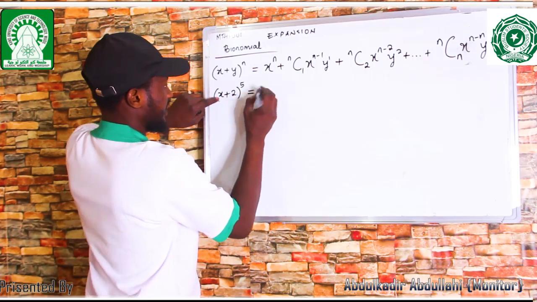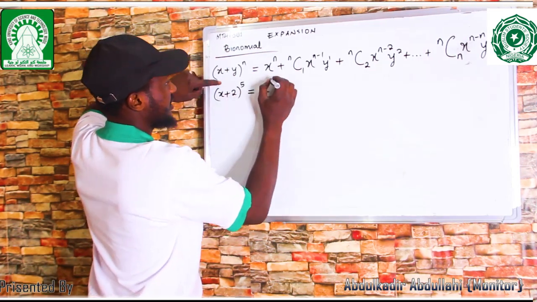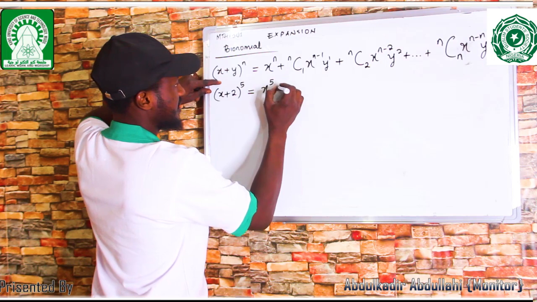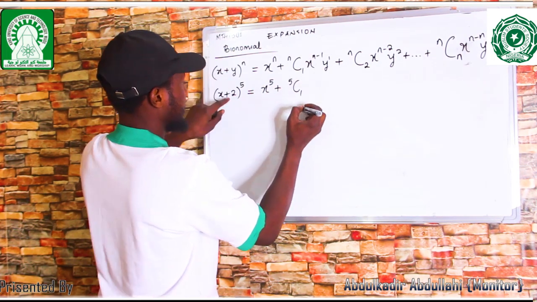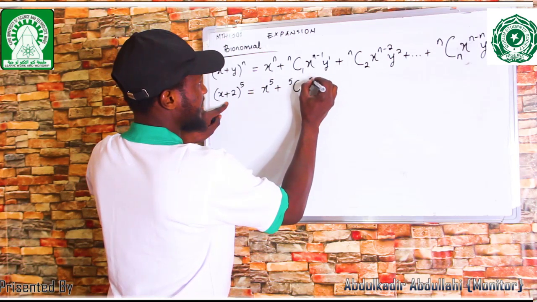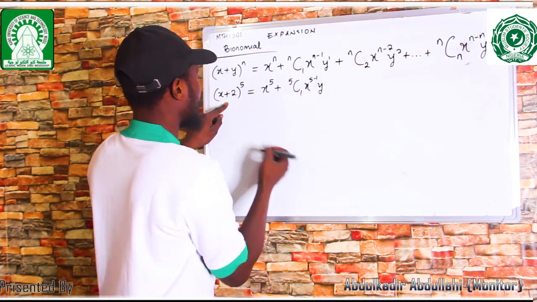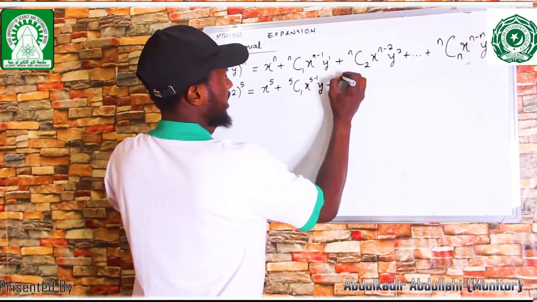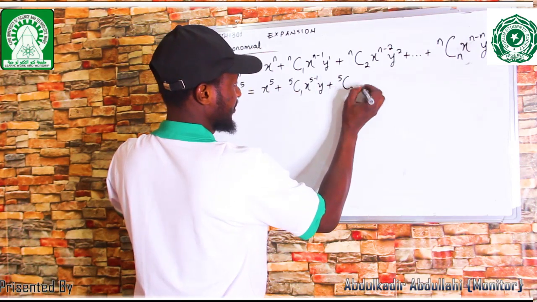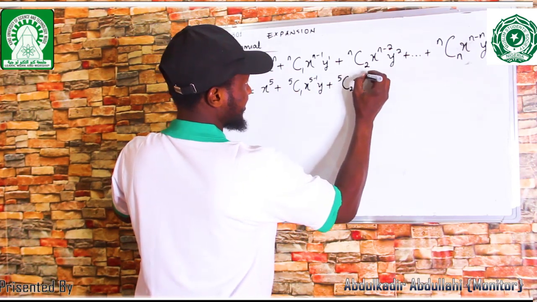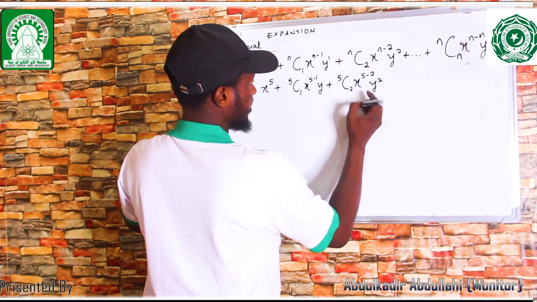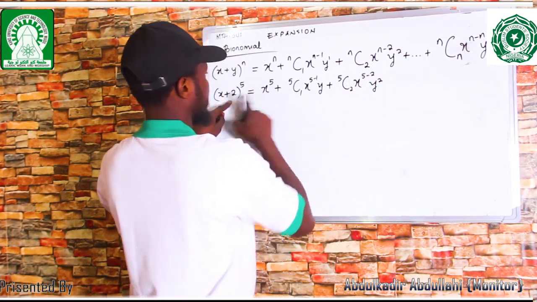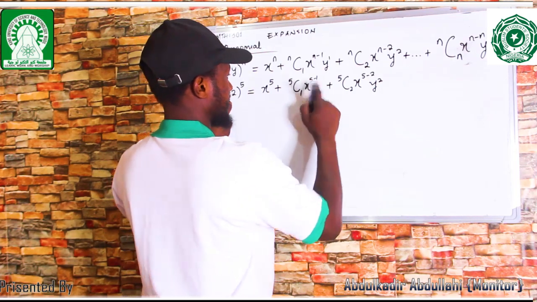So we're going to have x power 5 here plus 5 combination 1, x power 5 minus 1, y power 1, plus 5 combination 2, x power 5 minus 2, y, sorry, we are using 2 here.